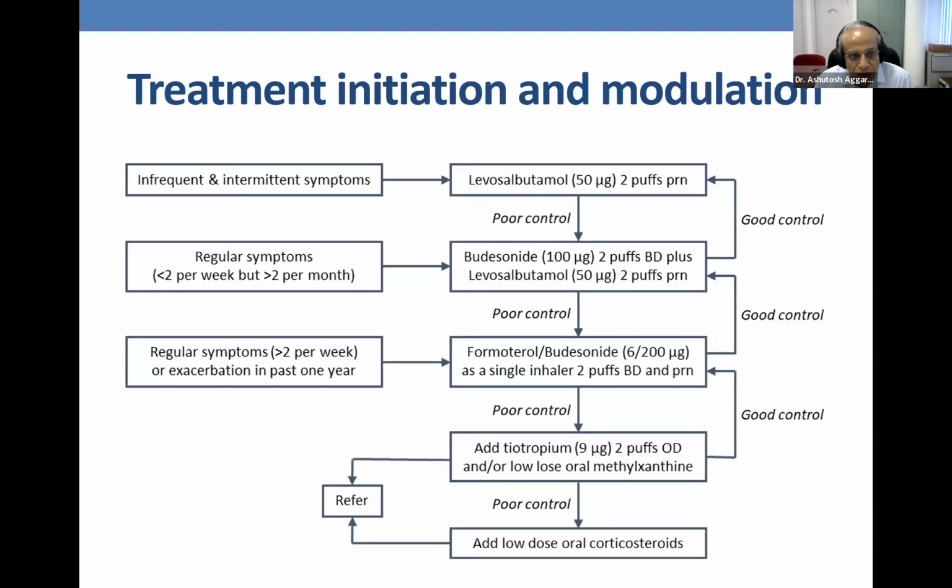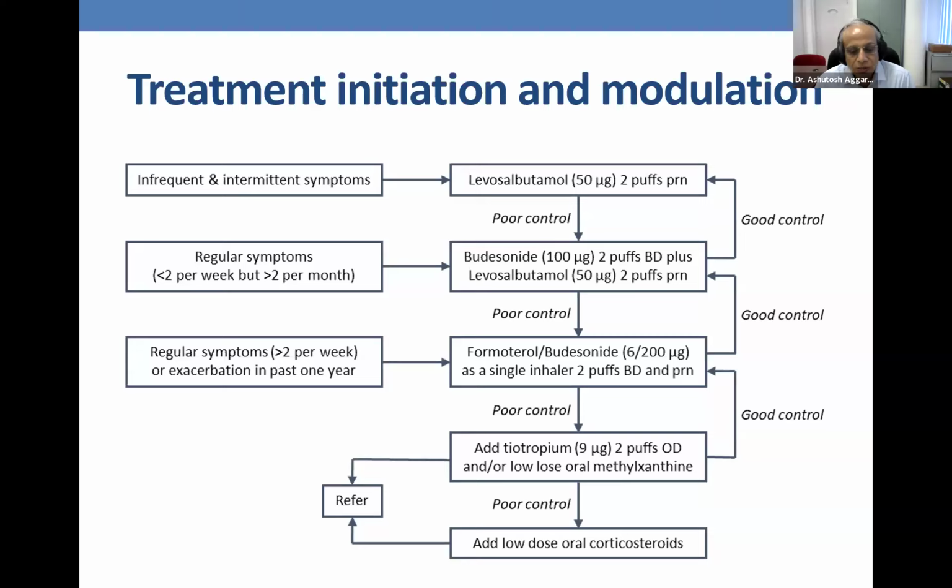On the other hand, if the patient has regular symptoms, which means symptoms occur more than twice per week, or if the patient has reported an exacerbation in the last 1 year, then these patients should be put on a combination of inhaled corticosteroids and a long-acting beta agonist. The long-acting beta agonist that we prefer is formoterol. It is advantageous because it is long-acting plus has a quick onset of action.